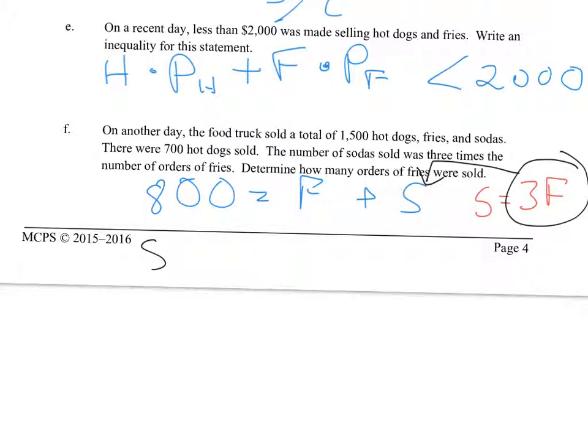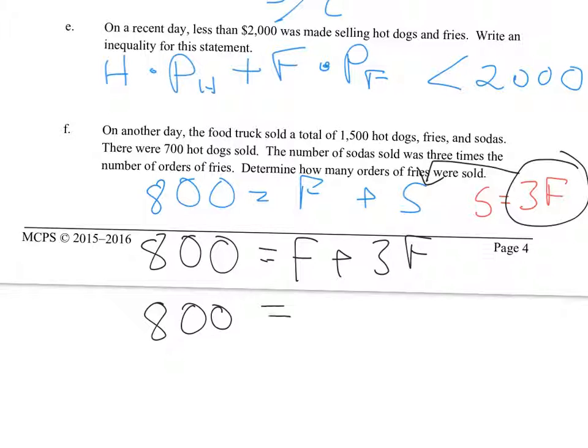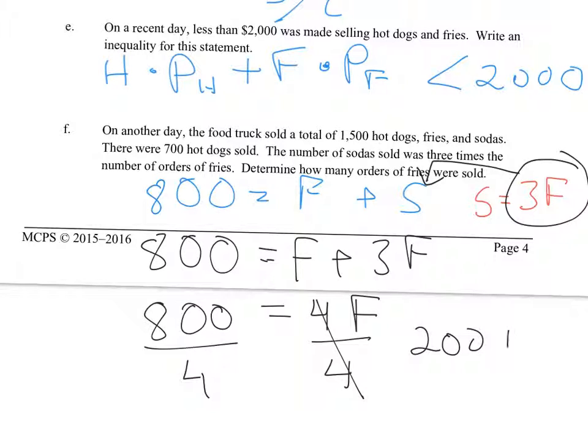And now my equation is 800 equals F plus 3F. And so now F plus 3F becomes 4F. And I can divide both sides by 4. And I find out 800 divided by 4 is 200 fries were sold.